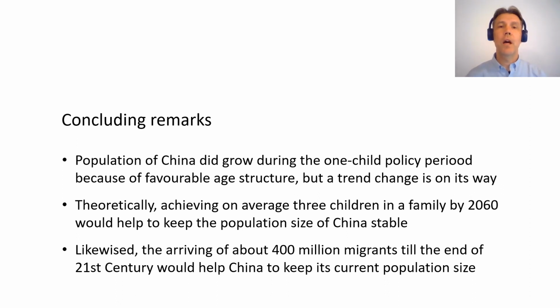However, now the smaller generations who were already born during the policy enforcement are entering the family ages, which means that a trend change is taking place in Chinese population development. And if the current fertility levels are maintained, China will witness a very dramatic population loss, and its population will almost halve by the end of the 21st century.